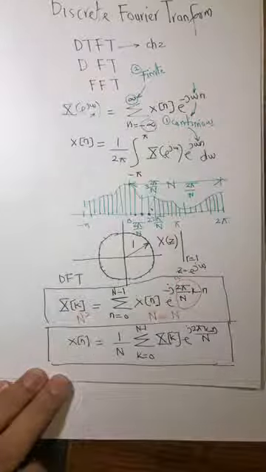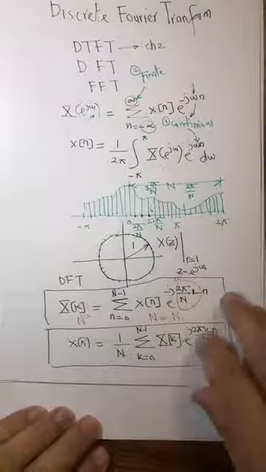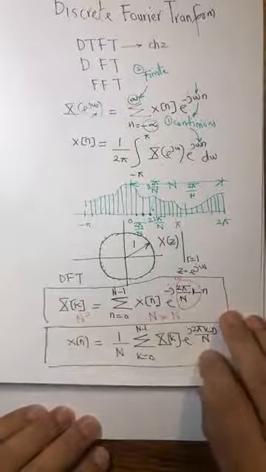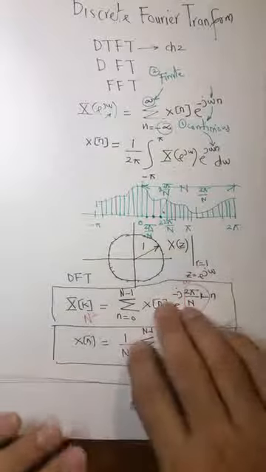So these are the two formulas. And now whatever we have studied in discrete time Fourier transform in chapter number 2 has to be redone using these formulas. So what have we studied? If we go back and remember, we studied properties: linearity, multiplication in time is convolution in frequency, shift properties.